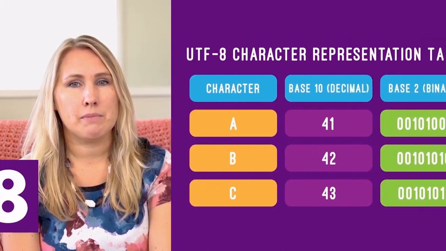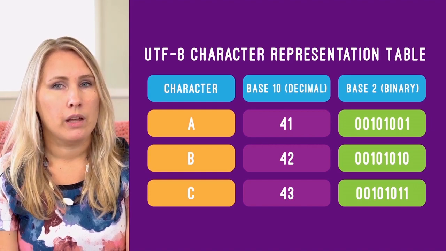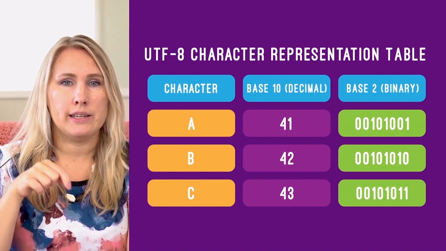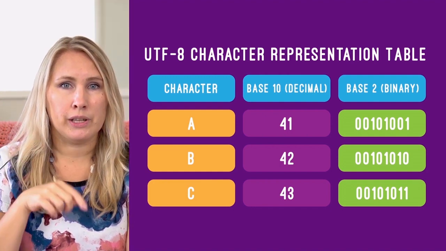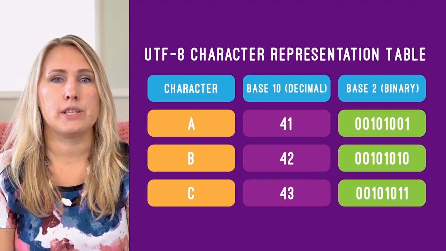So now that we have an understanding of how to represent numbers based on the binary system, we can look at how bytes can be used to represent text. Computers use a standard conversion system called UTF-8 to represent characters. And here are some examples of how values represent characters on a computer. When we type a character on a computer keyboard, it is internally converted to the underlying binary value for storage and processing.